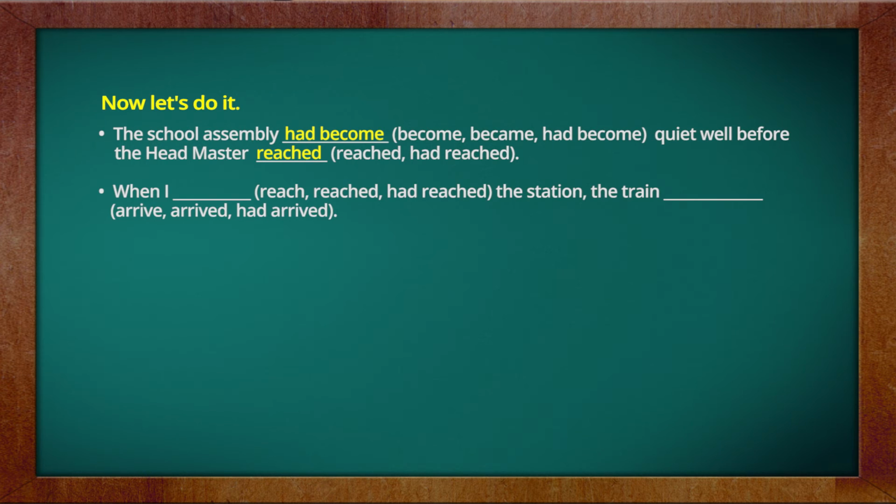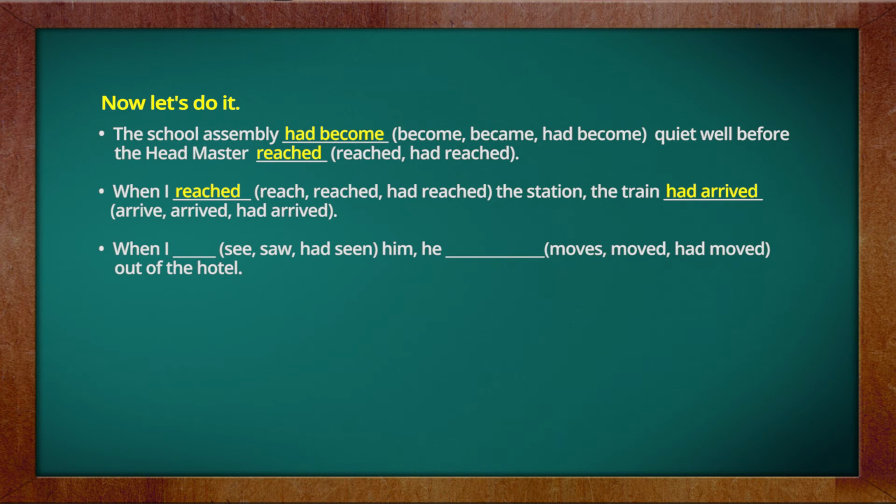When I reached or had reached the station, the train had arrived or arrived. When I reached the station, the train had arrived. Fine. The train had already arrived, then you reached it. Yes. Fine. Then, when I saw or had seen him, he moved or had moved out of the hotel.